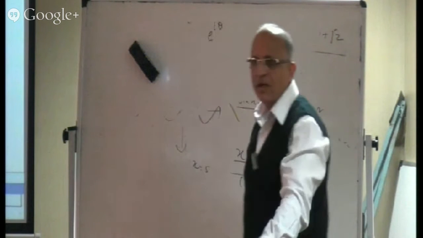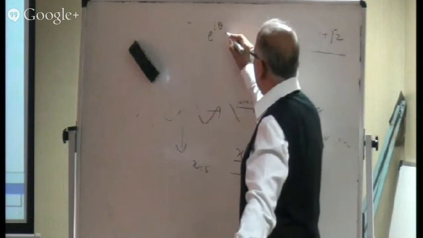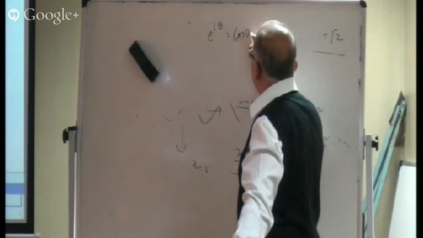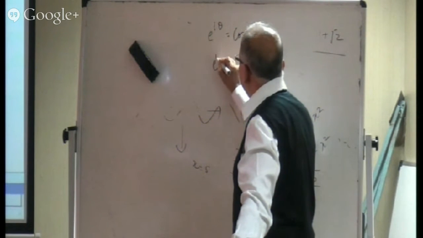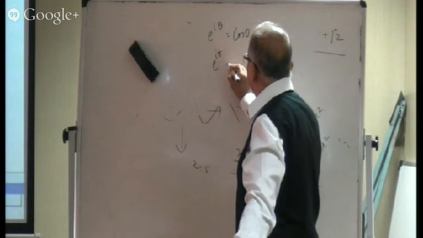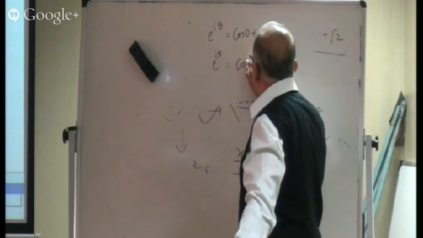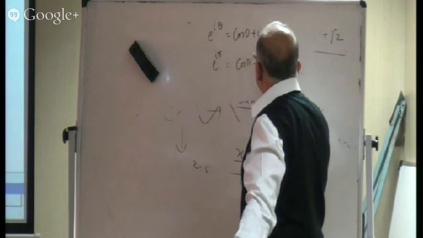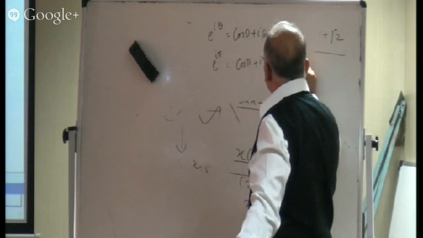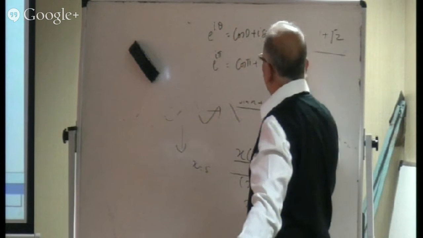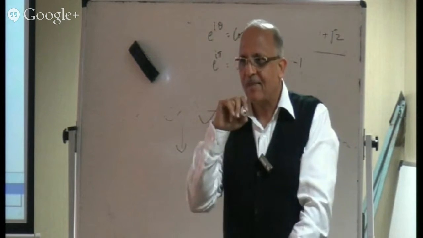It's a shortcut for cos theta plus iota sin theta. So what about e to the iota pi? It is cos pi plus iota sin pi. So what is this? Minus 1, because sin pi is 0. Let's see the next slide.